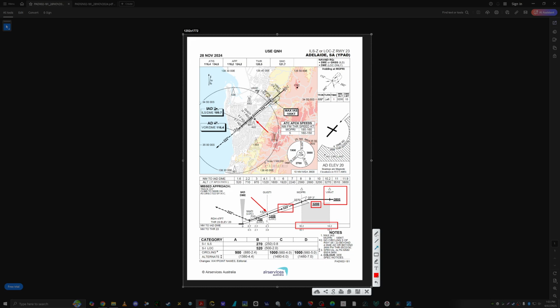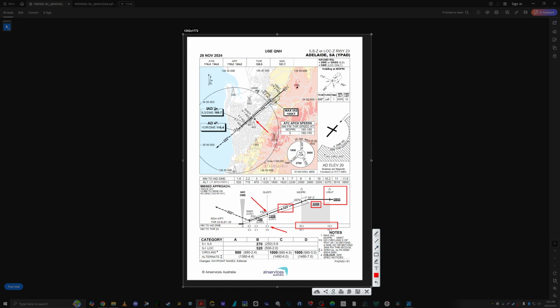If you're not stabilised, you have to go around, and there are all different criteria for a stabilised approach. At the final approach fix, that equates to roughly just over 4 DME from the ILS. So that's really what this diagram is saying.